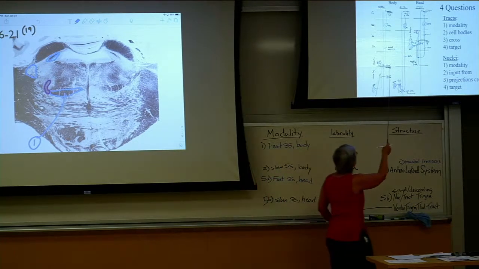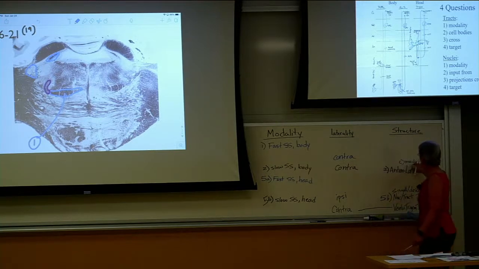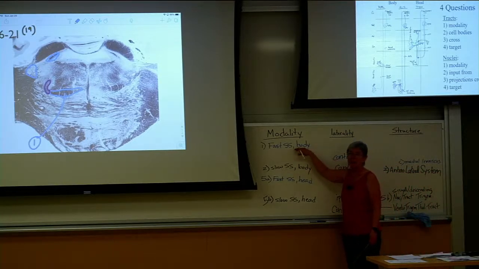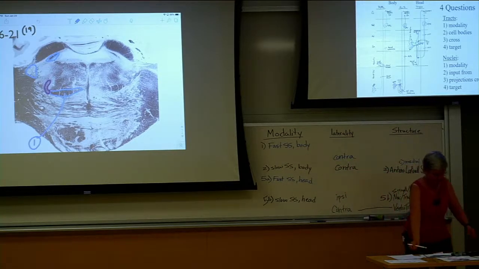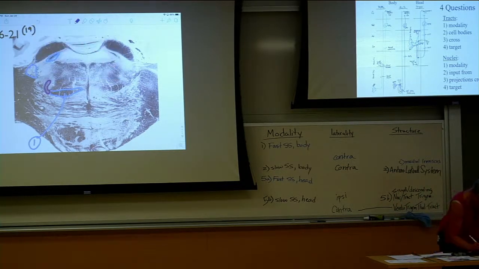And remember, that information is still coming from the contralateral body. So the medial lemniscus, there's no change here. The structure has moved its orientation, but that information is still coming from the contralateral body, and it's still fast somatosensory. What about our slow somatosensory information? That's going to be in the anterolateral system.